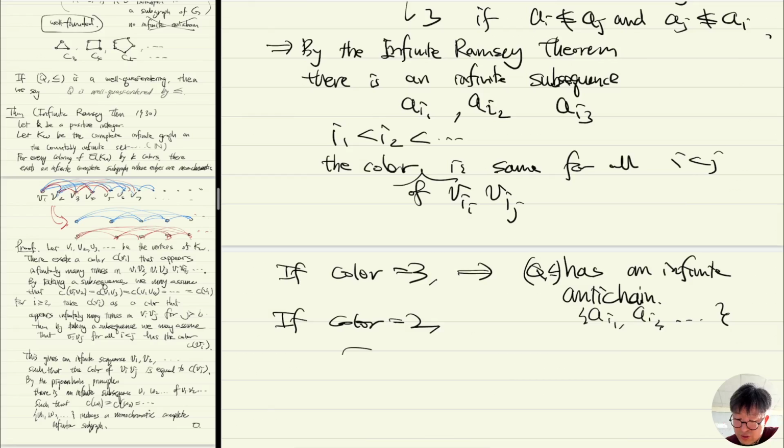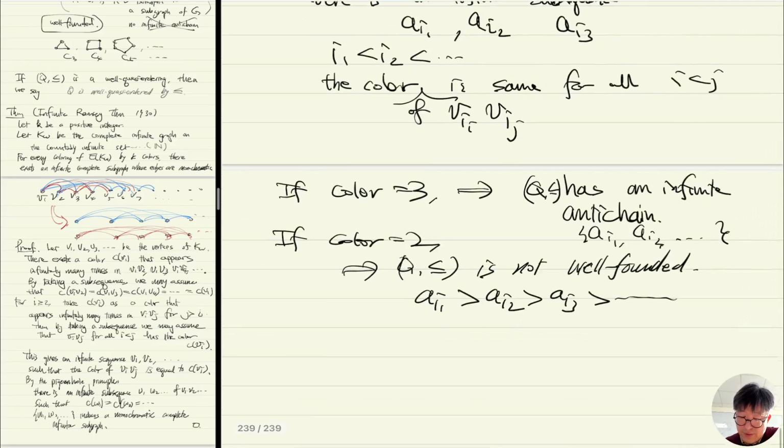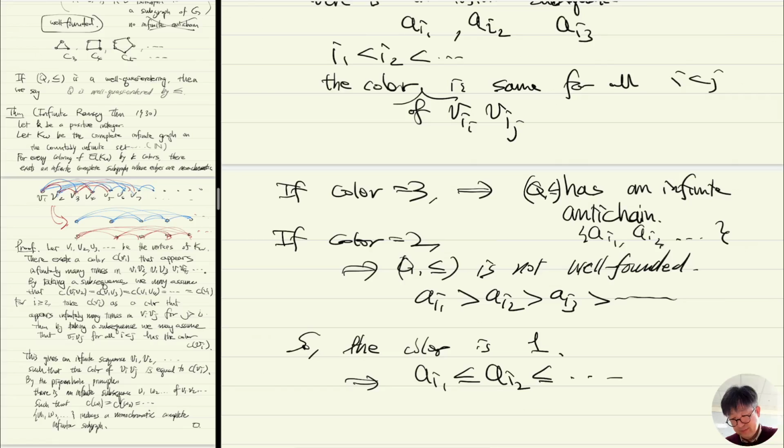If the color is 2, then Q is not well-founded, because a_{i1} is bigger than a_{i2}, which is bigger than a_{i3}, etc. So the color has to be 1. That means a_{i1} is less than or equal to a_{i2}, and so on. So that's it.